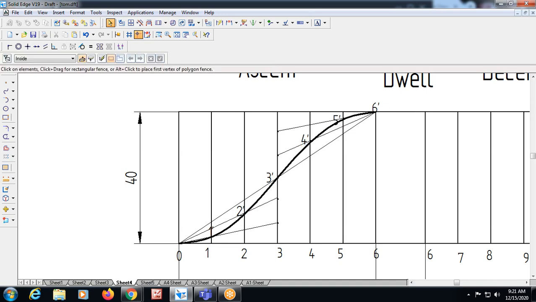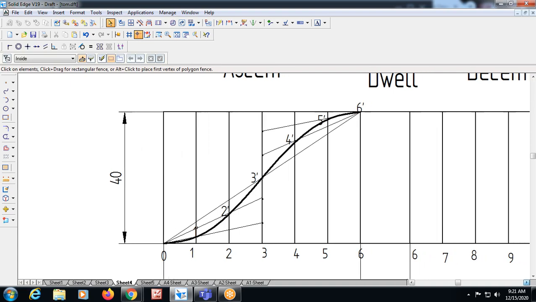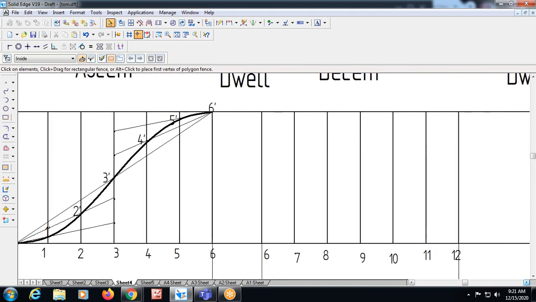So I'll number like this. Next, same way I will do for the return part, 6 to 12 now. The same thing I will do.